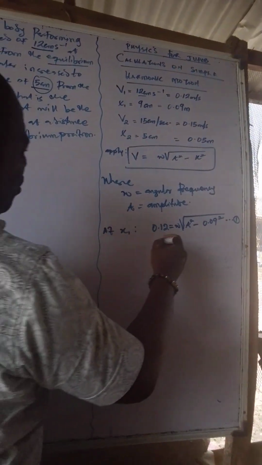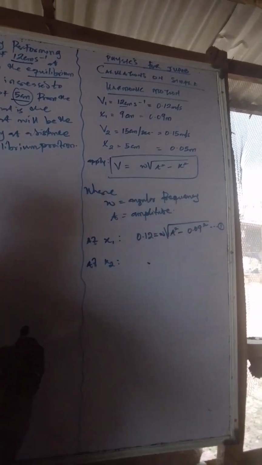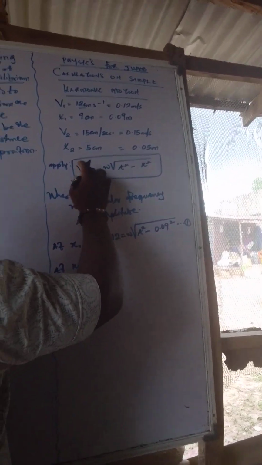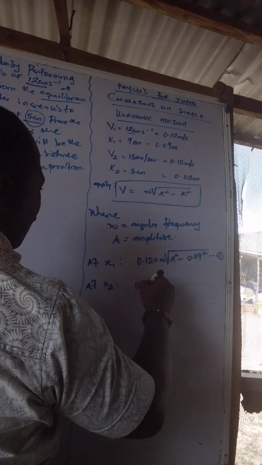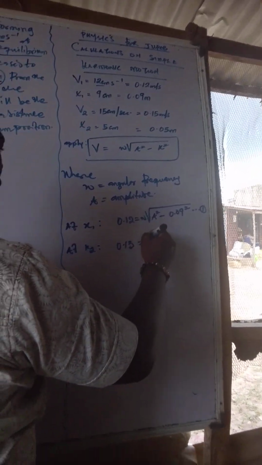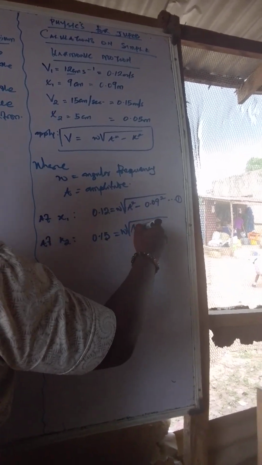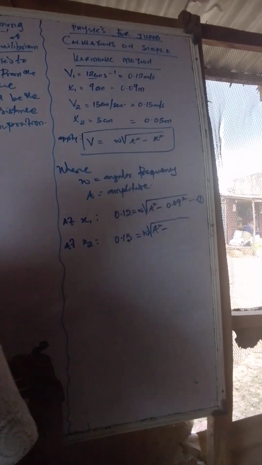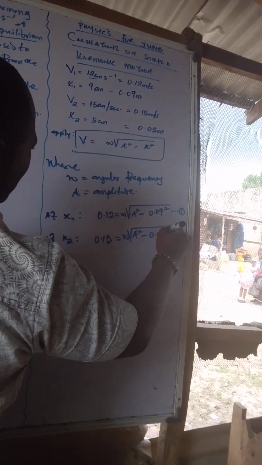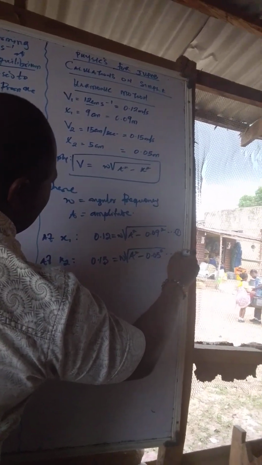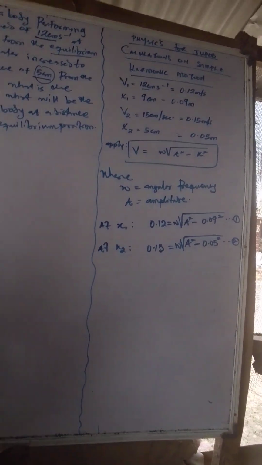At displacement x2, our V2 is 0.15 equals omega square root of A squared minus 0.05 all squared. This is equation 2.